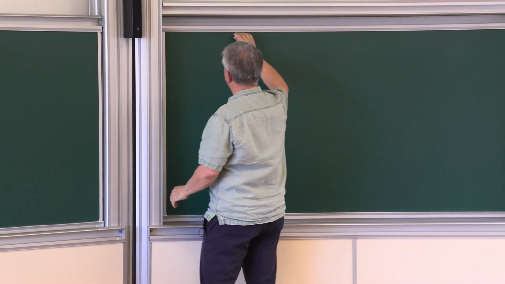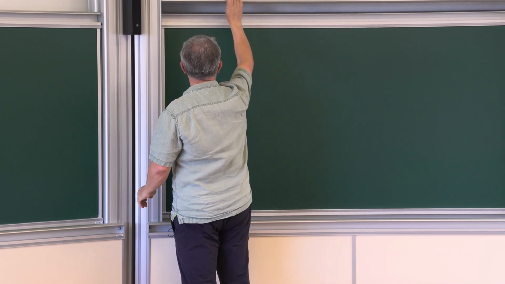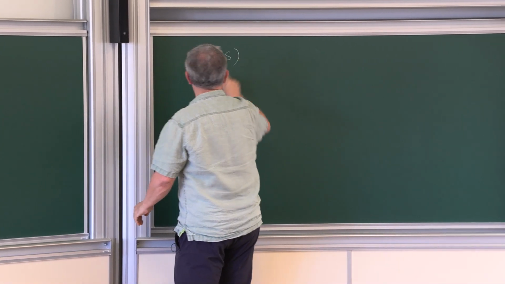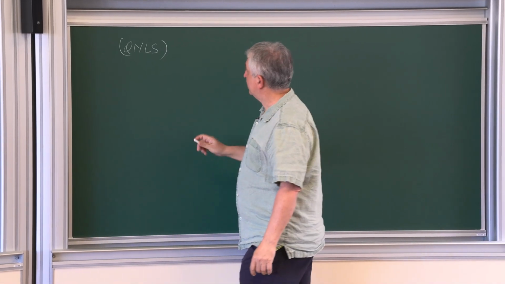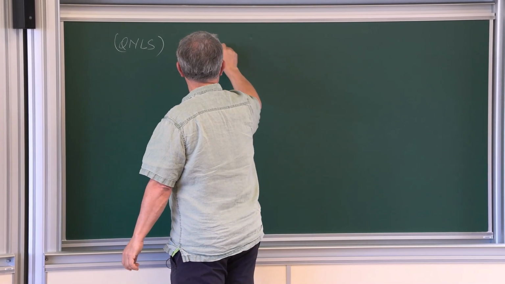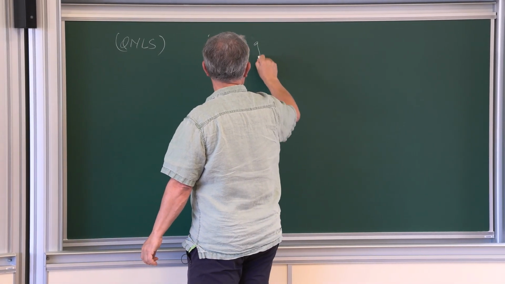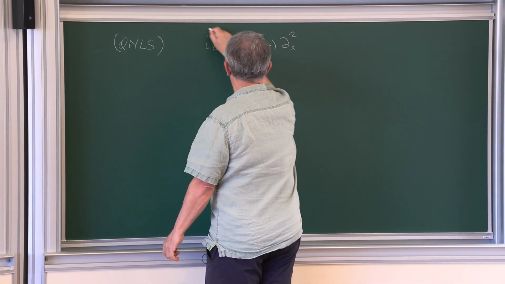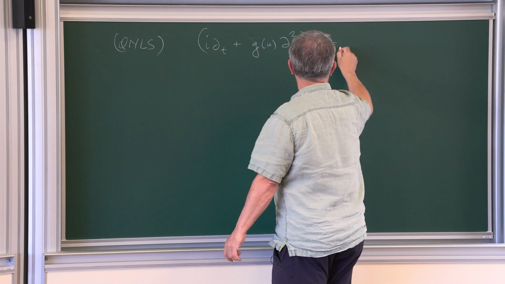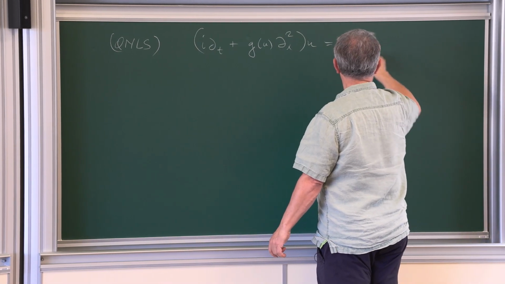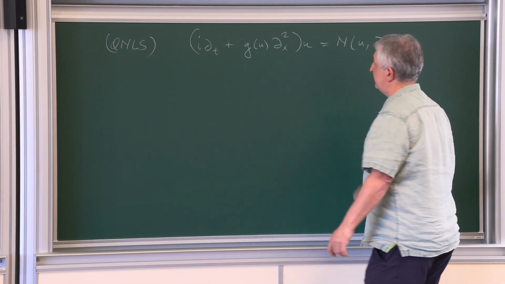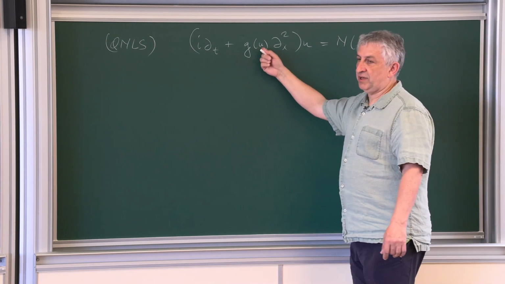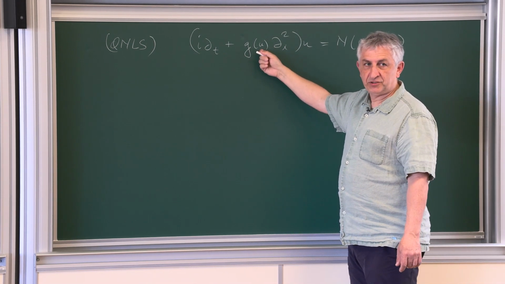There are, in effect, two problems. The first problem, let's call it QNLS, the quasilinear Schrödinger equation: i dt plus g of u dx2 applied to u is equal to some nonlinearity which depends on u and the derivative of u. So here we have a metric that depends on the unknown function.